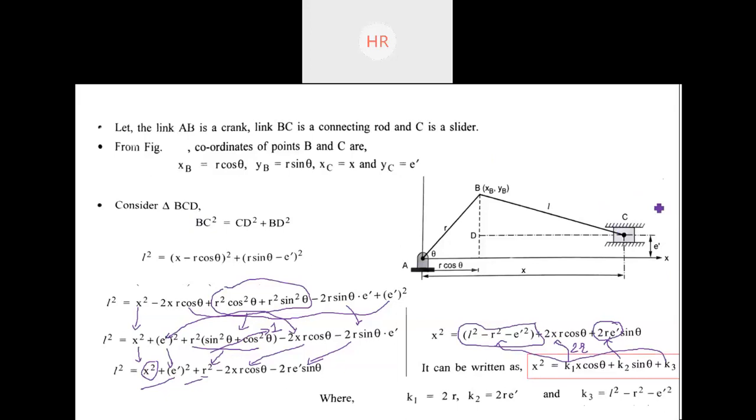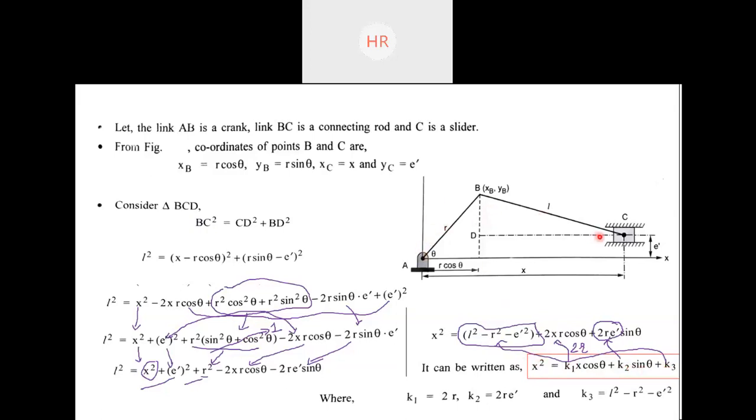Now we can solve this equation the same way that we did in the 4-bar mechanism. The same method we saw in the 4-bar mechanism will solve this. In the 4-bar mechanism we had angles theta and phi; here we have theta and the distance x. k1, k2, k3 are unknown. So to solve this equation we require 3 positions of this mechanism.